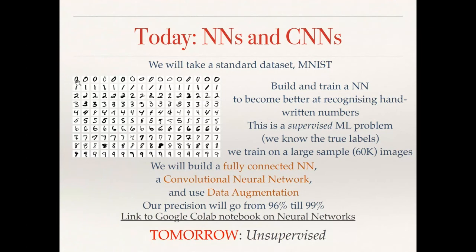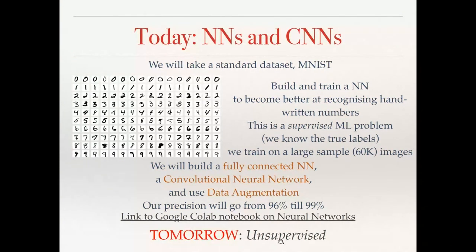Or take this image and make a duplicate where the contrast between the white and the black is a bit smaller. Or you may duplicate it, but now you zoom in or out, or enlarge or reduce the relations here. This is called data augmentation. It's a way of making your algorithm more robust because you show the algorithm more variability while learning. And our precision then will go above 99%.